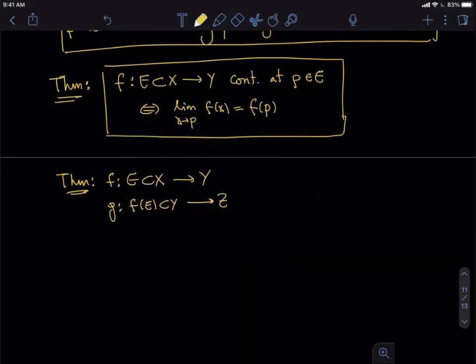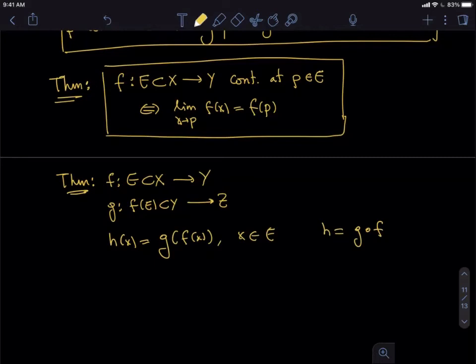And here what we are going to consider is the composition of both of them. So we are going to take g of f of x. So this is the composition of f and g. We will write it as g composed with f. Sometimes we will say it's the composition or the composite of f and g.